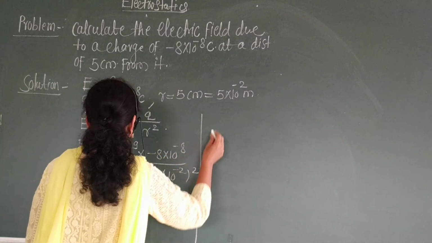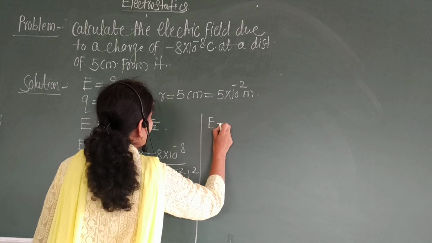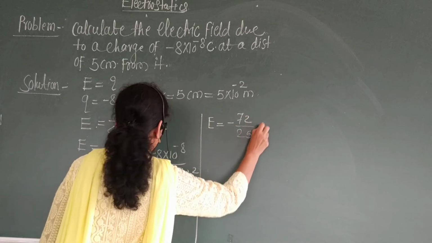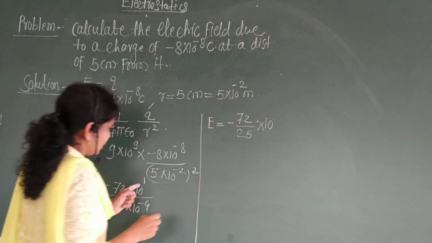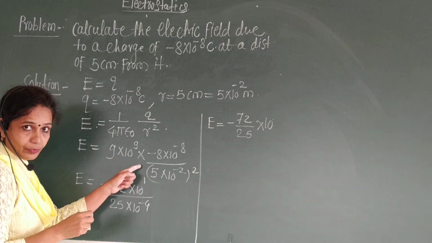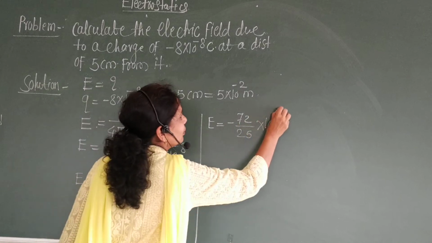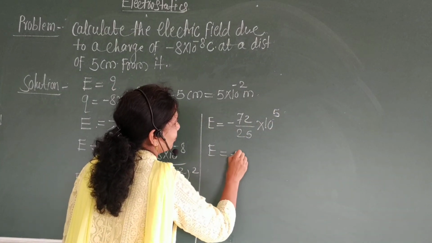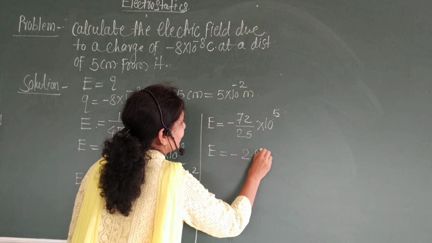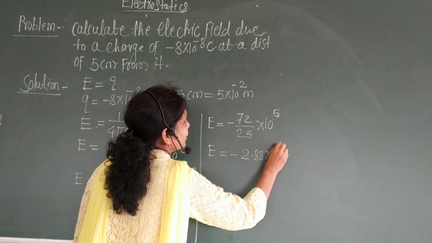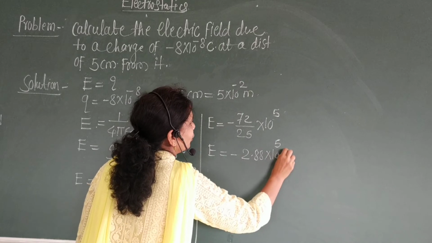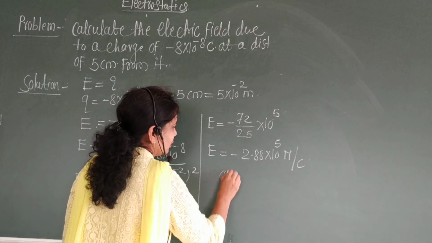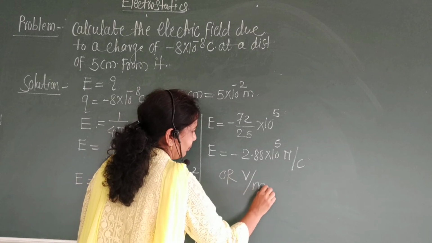Therefore, E is equal to the -72 upon 25 into 10 raised to, this is 1 and this is +4. Therefore, it becomes +5. Therefore, E is equal to the -2.88 into 10 raised to 5 Newton per coulomb or volt per meter.